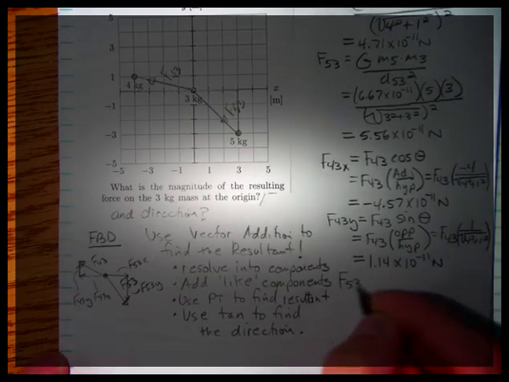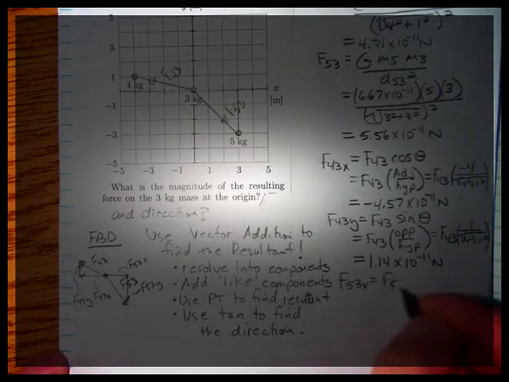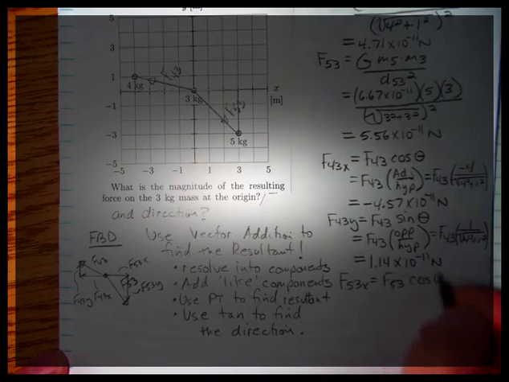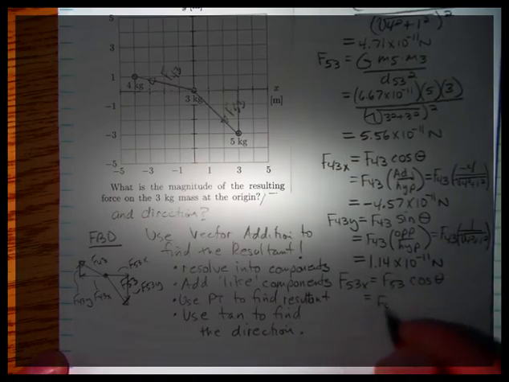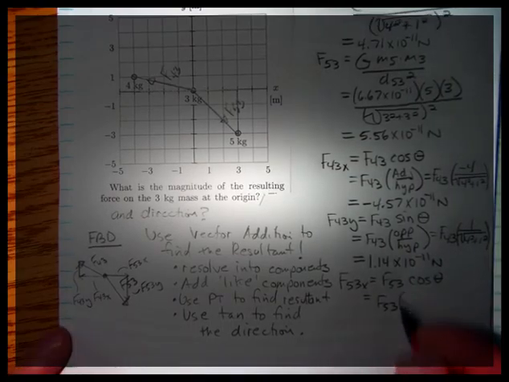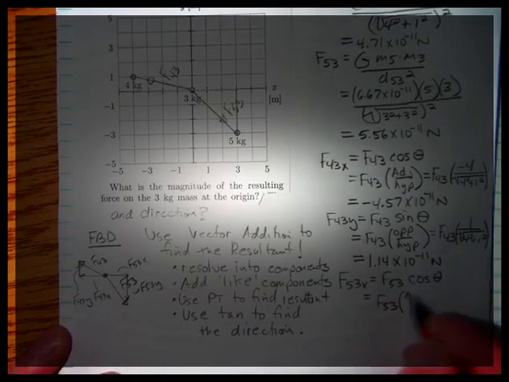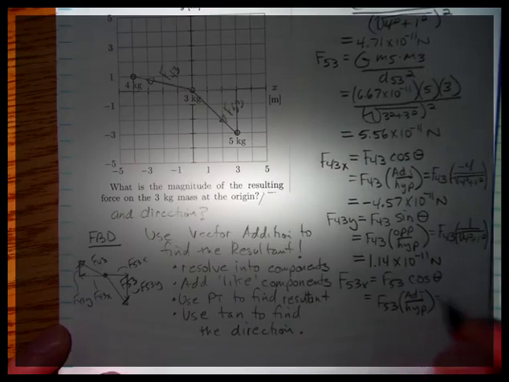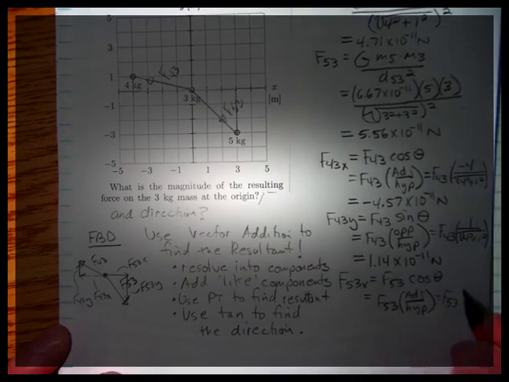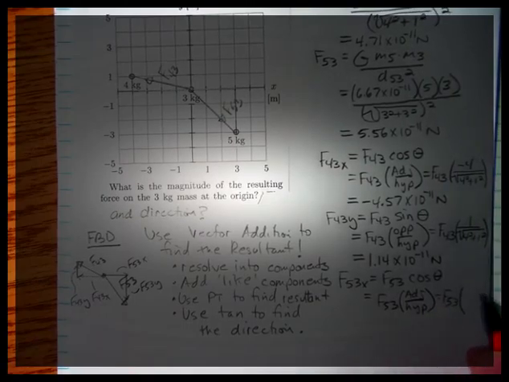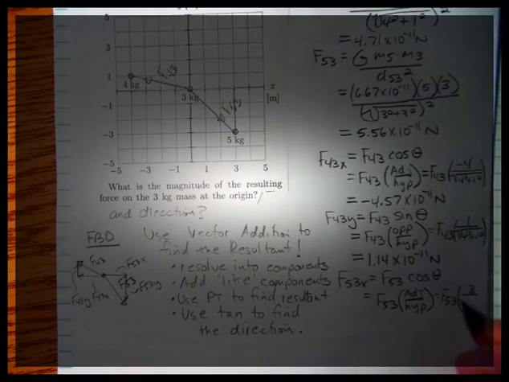F53x is equal to F53 times the cosine of the angle. F53x is also equal to F53 times the adjacent side over the hypotenuse, which is equal to F53 times 3 over the square root of 3 squared plus 3 squared.